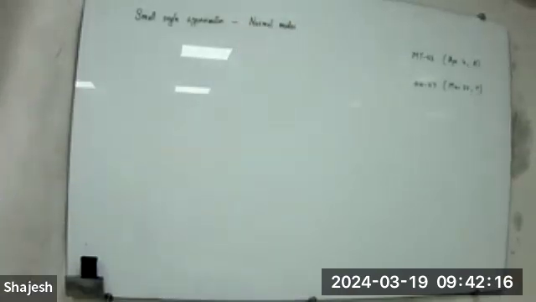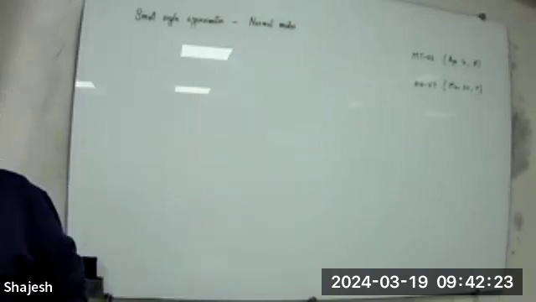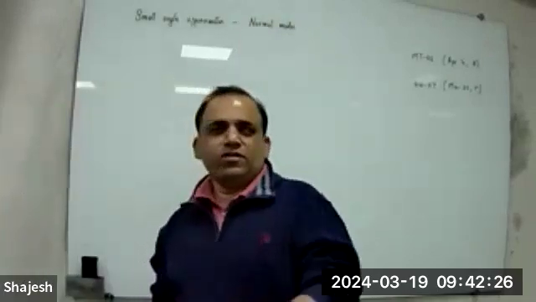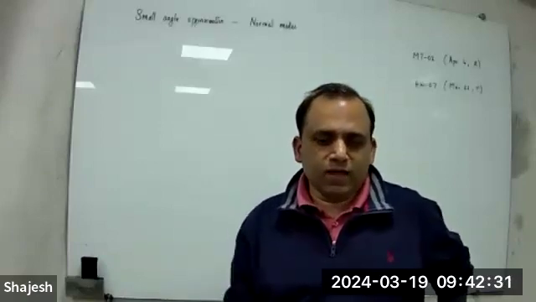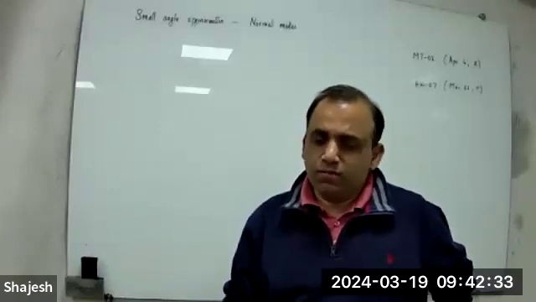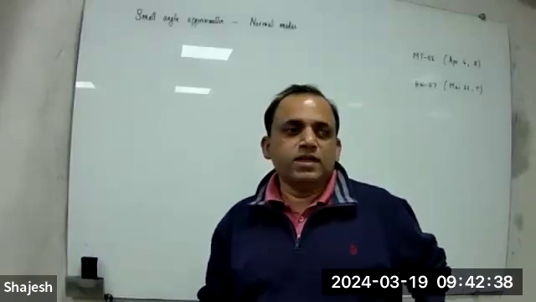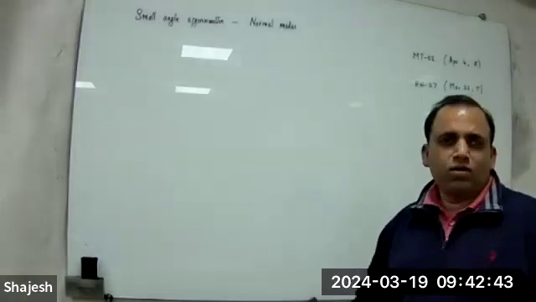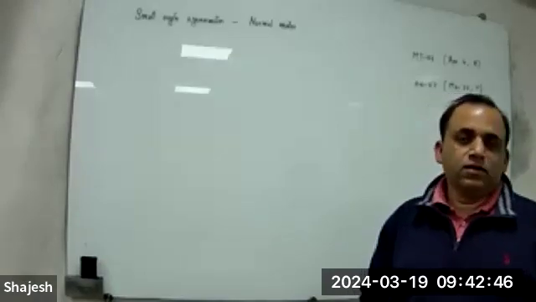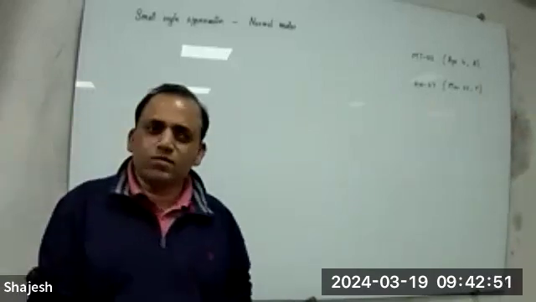Once we have our equations of motion, most of the time they are nonlinear equations of motion. But if we make small angle approximations, typically they become linear differential equations, and that becomes more tangible than other equations. So the best example is the simple pendulum that we have done.